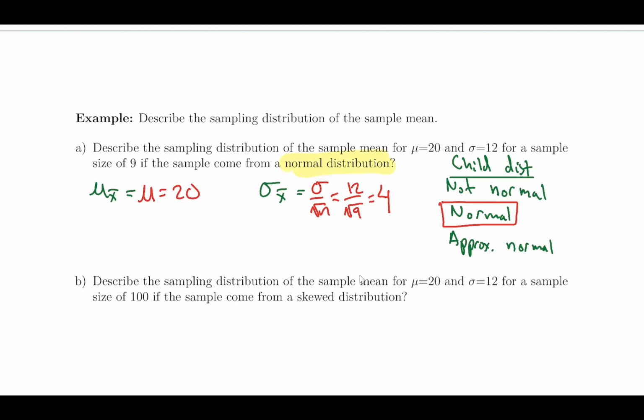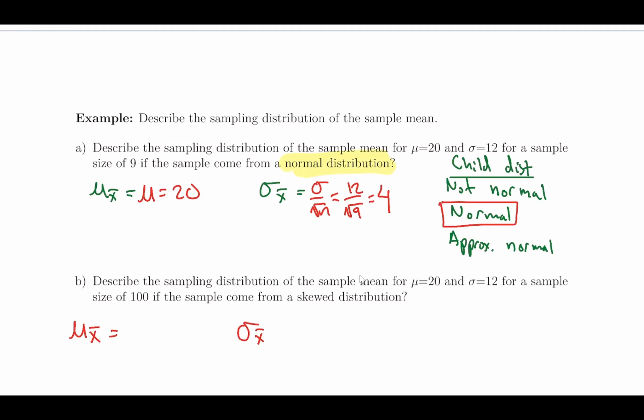All right, let's do B. For B, it says describe the sampling distribution of the sample mean for mu equal to 20, sigma equal to 12, for a sample size of 100 if the sample comes from a skewed distribution. All right, so I'm gonna go ahead and set up. I'm gonna find mu of x bar. We're gonna find sigma of x bar.